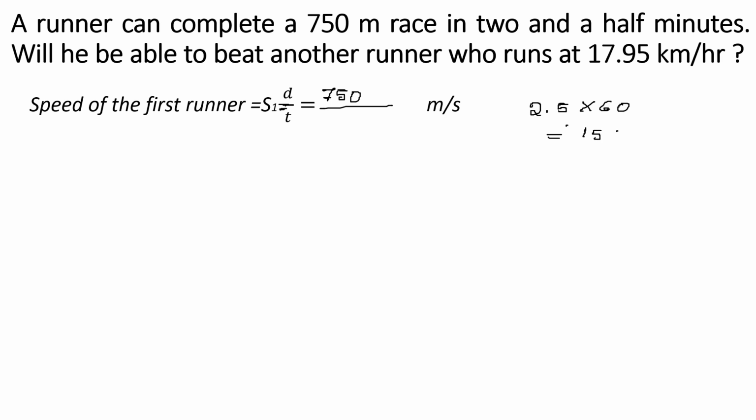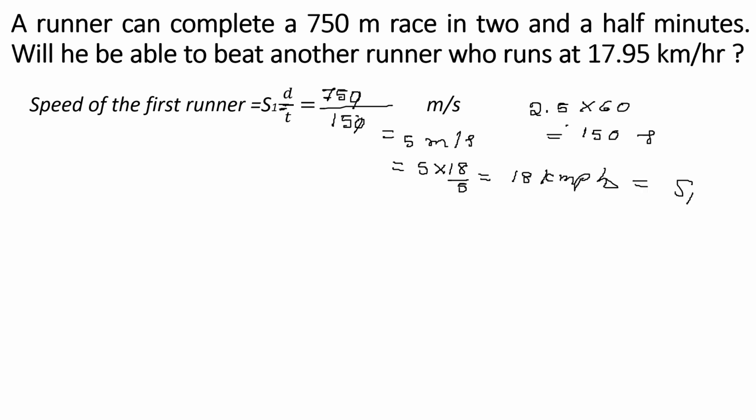150 seconds. Now divide total distance 750 by 150, which is 5 meter per second, and we want to convert this 5 meter per second into kilometer per hour. So 5 into 18 divided by 5 is equal to 18 kilometer per hour. So this is the speed of the first person, S1.